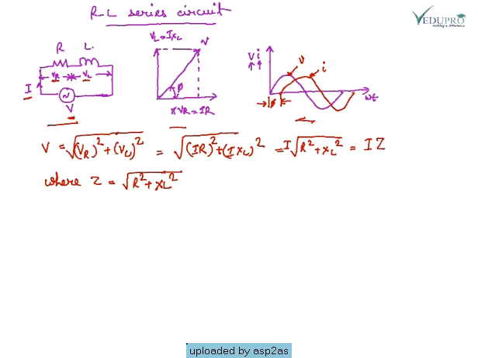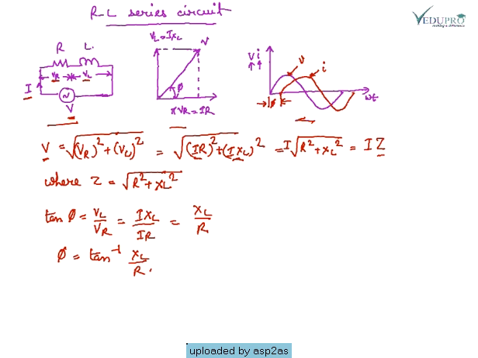The applied voltage is equal to the square root of VR square plus VL square. VR is the IR drop across the resistance, and VL is the drop across the inductor, which is I into XL. Now Z is given by the square root of R square plus XL square.